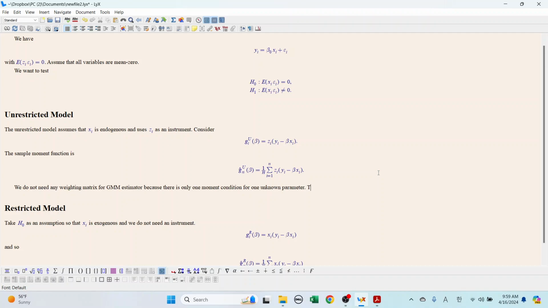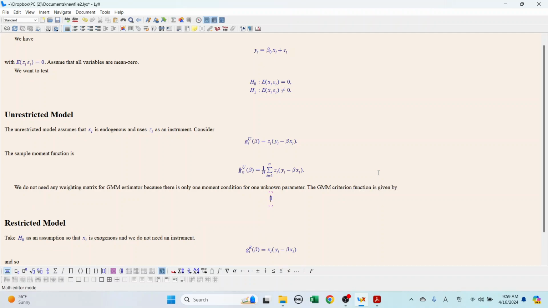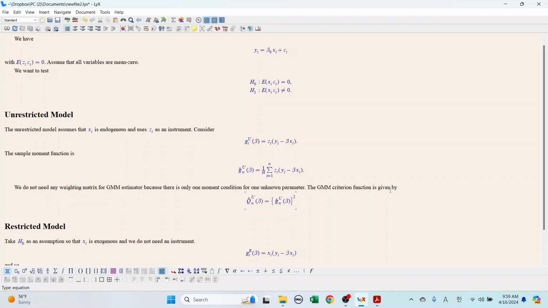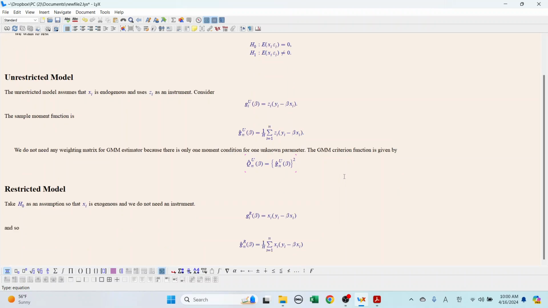So the GMM criterion function Q^U is simply its square, because no weighting matrix is needed.